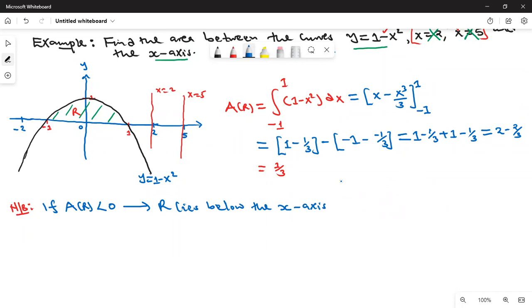For example, you may have something like this. X, Y, and your region is this one. Let's say something like this.